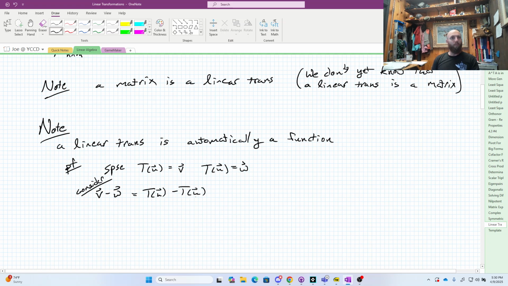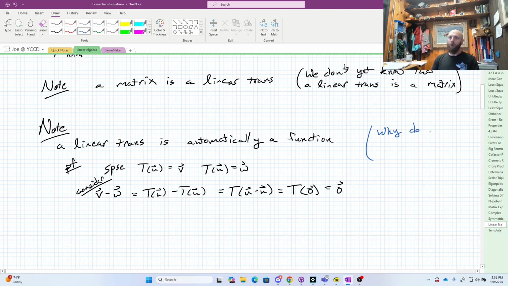But T of u minus T of u is T of u minus u, which is T of the zero vector. And T of the zero vector has to be the zero vector. You might spend a second and think about why that's got to be true, but that does have to be true. So I'm going to leave that as a little thought here.